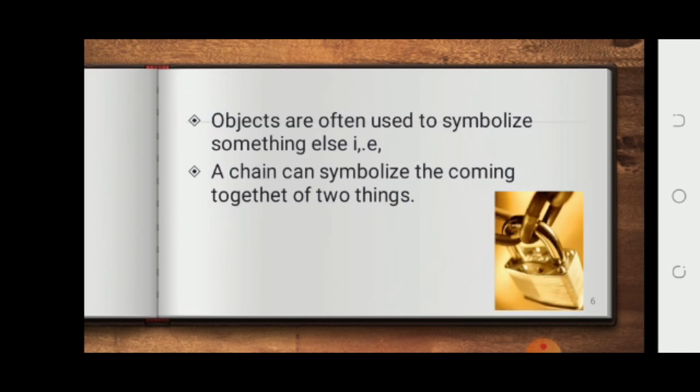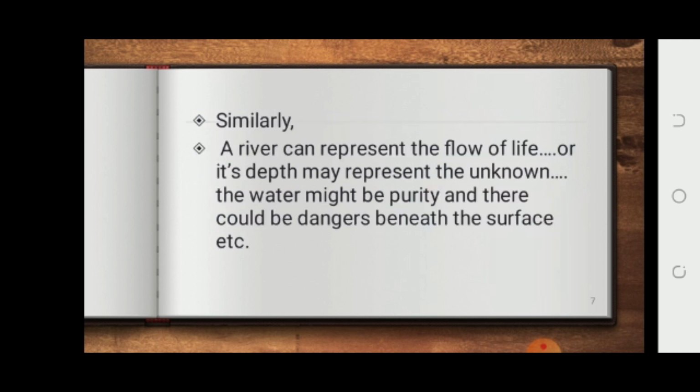So, talking about objects, these objects are often used to symbolize something else. A chain can symbolize the coming together of two things. It shows the relationship of two things. So these are a few examples.